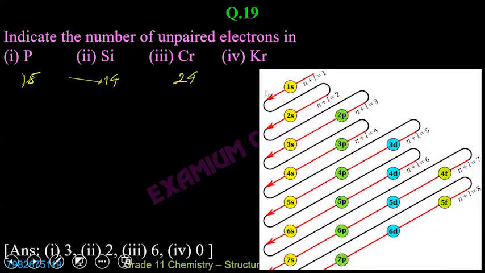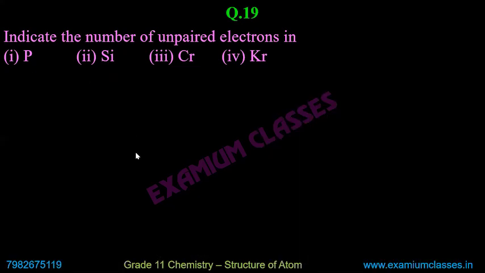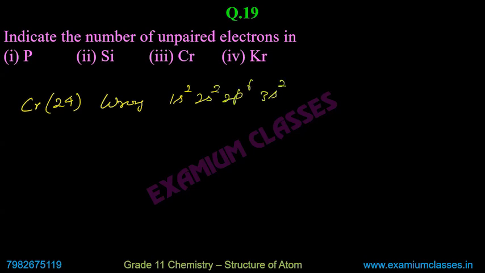Excuse me, sir. Could you please once again explain why the electron shifts from 4s to 3d? Okay. In case of chromium, it is 24. The usual configuration which you will think, which is actually wrong, will be 1s2, 2s2, 2p6, 3s2, 3p6, 4s2, 3d4.